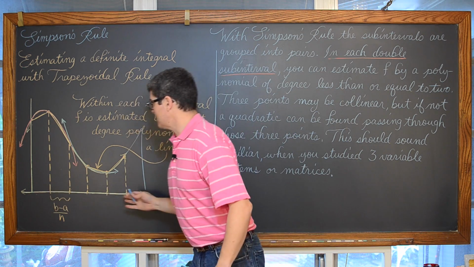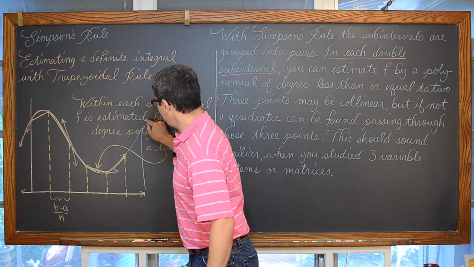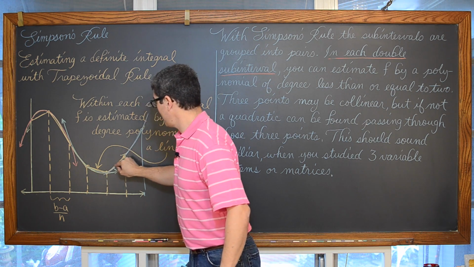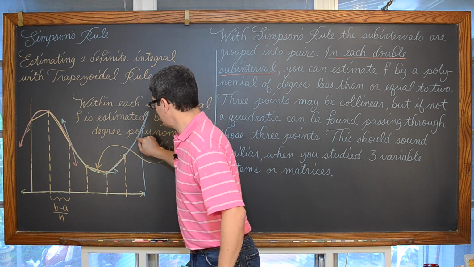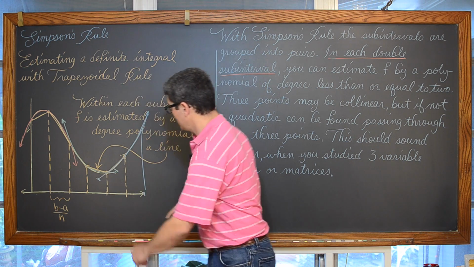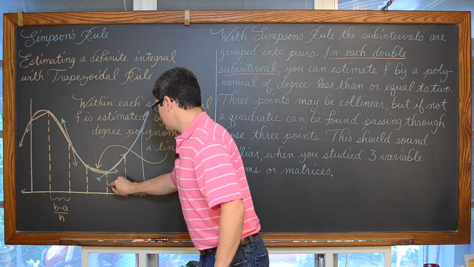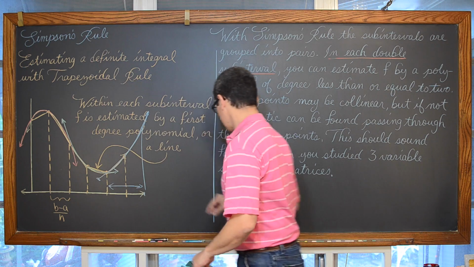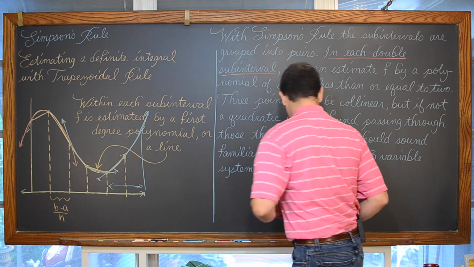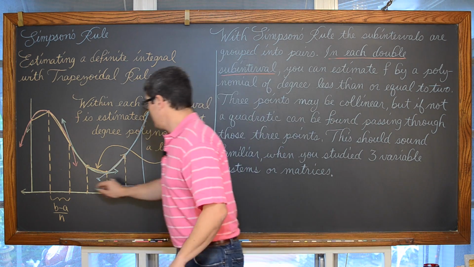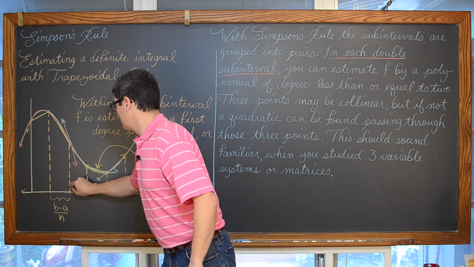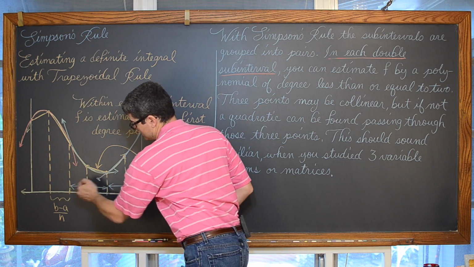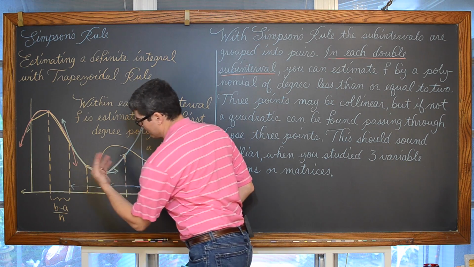Now I can come through and maybe say that quadratic right there is going to be used so that we have this double subinterval and that one quadratic estimating that part of the definite integral, and then we have this double subinterval and that green parabola being used to estimate the movement of my yellow function within this interval of, say, maybe 2 to 4.